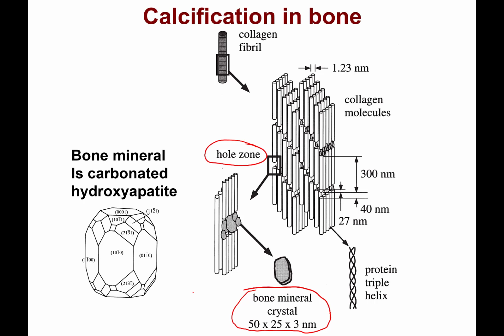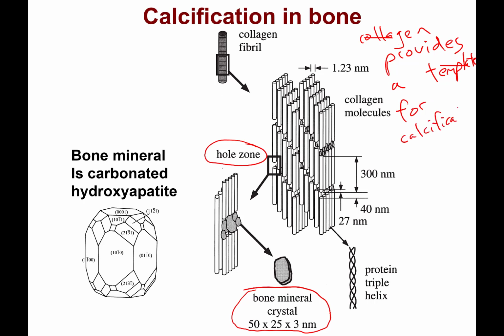So what I want you to take away from this is that collagen provides a template for calcification. And then, as I mentioned before, it's not pure hydroxyapatite, it's a substituted hydroxyapatite.